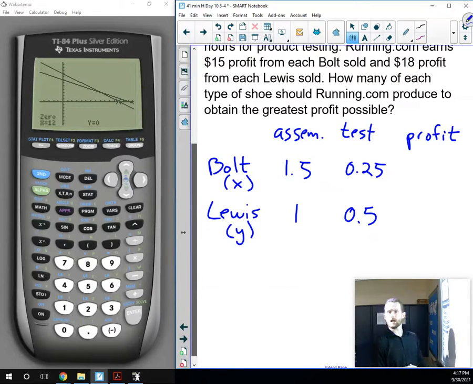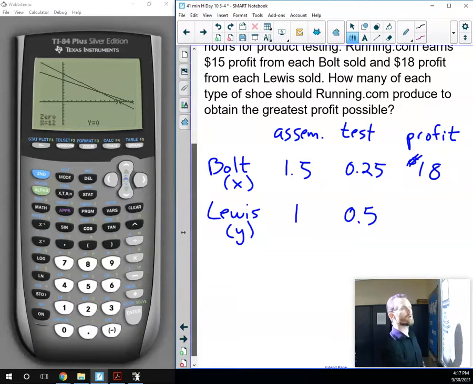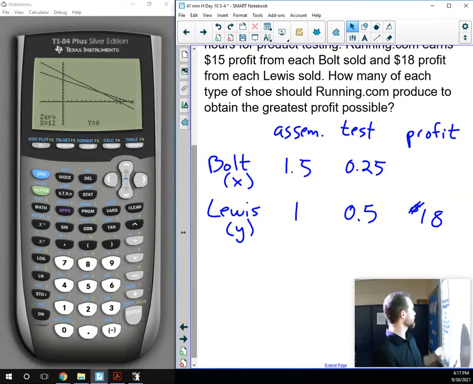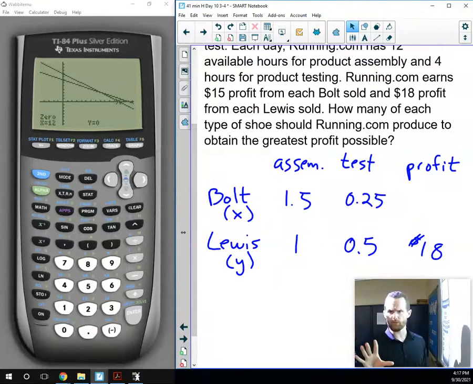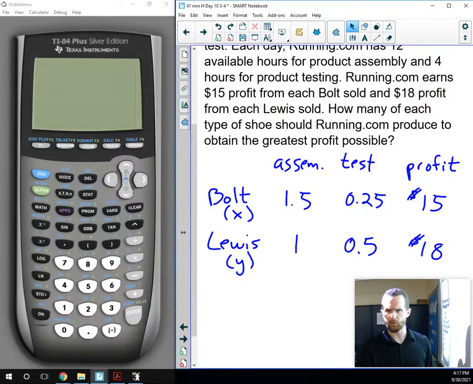And then the profits for a Bolt are $18 per pair of shoes. Oh, no, the 18 was for the Lewis. Let me scroll up and read this carefully. I don't want to screw this up. Earns $15 for each Bolt. Yeah, so we put 15 there. And 18 profit for each Lewis sold. Okay, good.